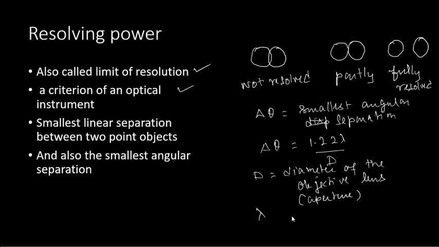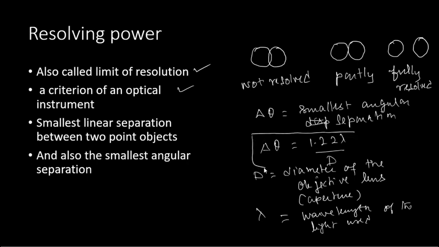Then lambda is the wavelength of the light used. So this delta theta, that is the angular separation between the two objects at a distance, is given by 1.22 lambda divided by d.